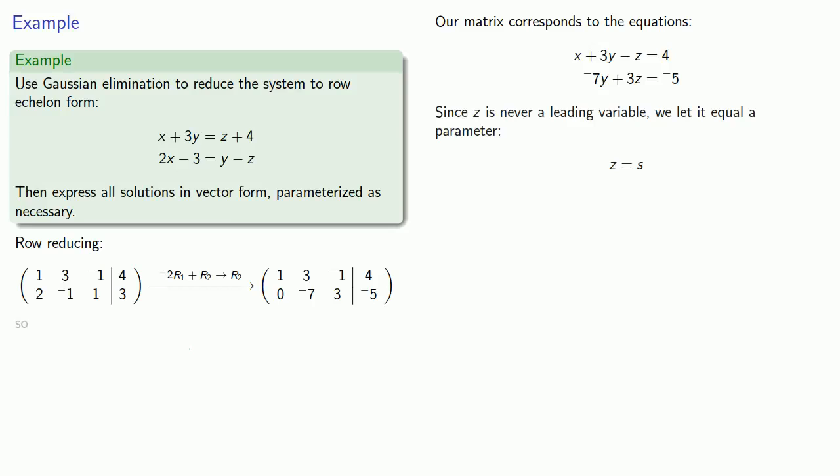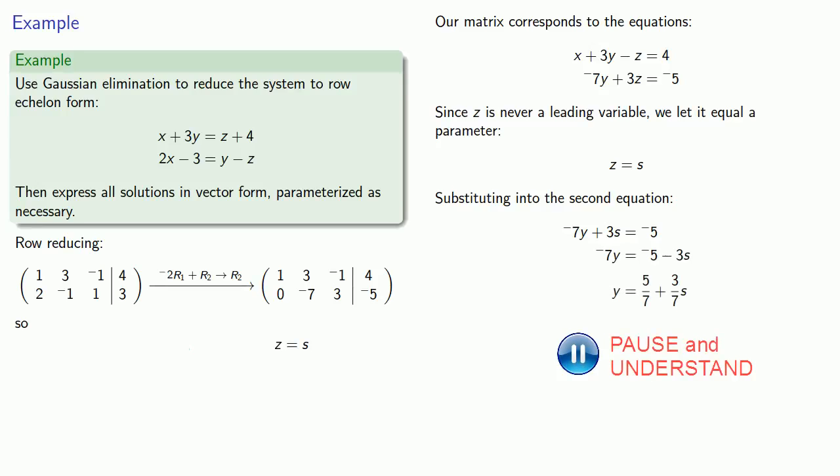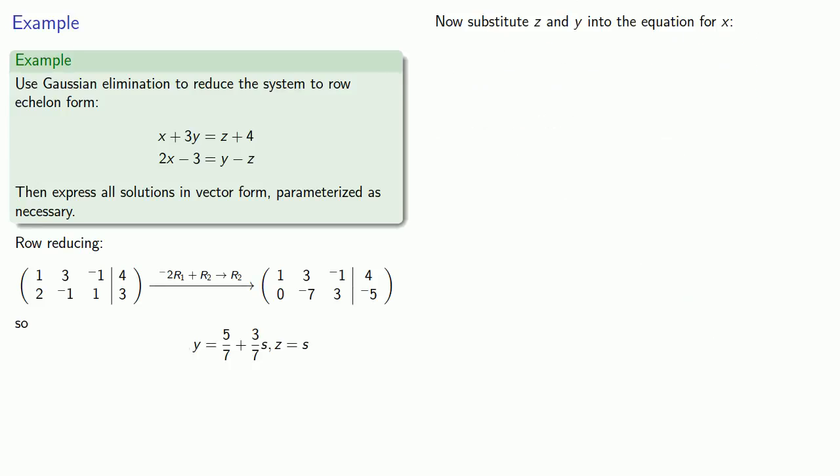So we'll let z equal s and substitute it into our second equation, which becomes negative 7y plus 3s equals negative 5. We'll then solve this equation for y and get y equals 5/7 plus 3/7 s. Now that we know a value of y and z, we can substitute these into our equation for x.